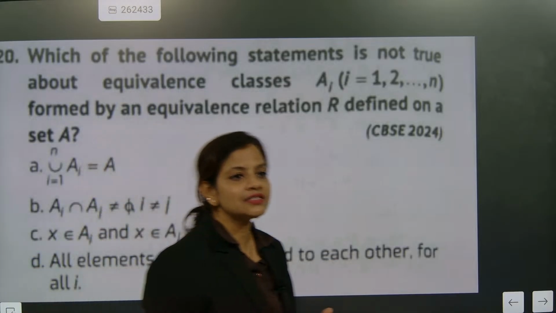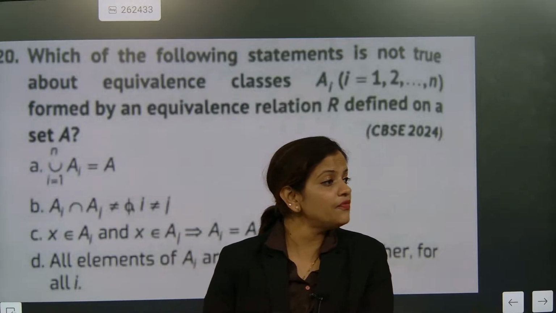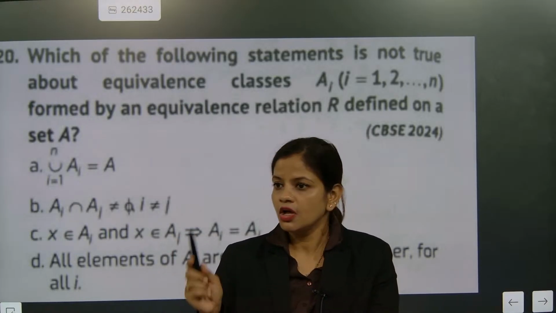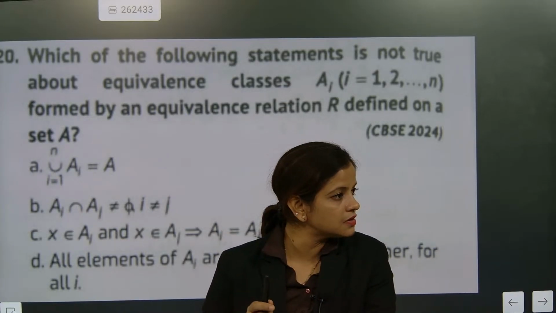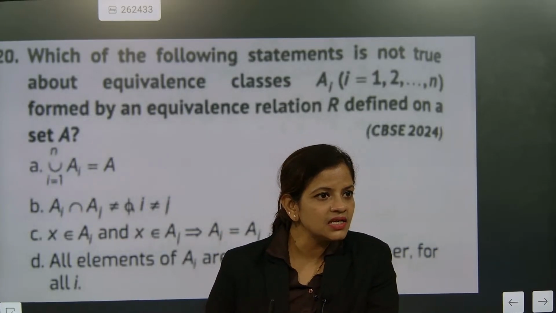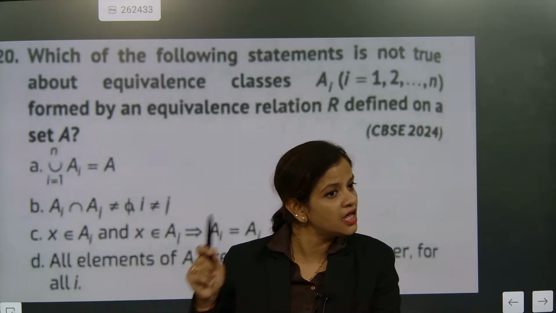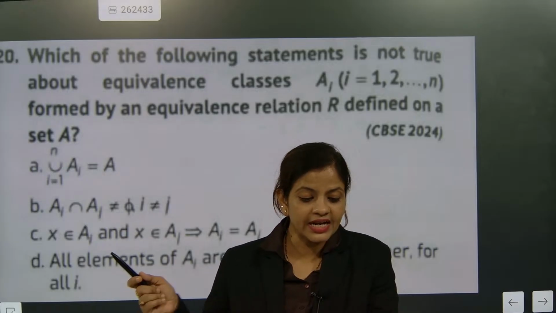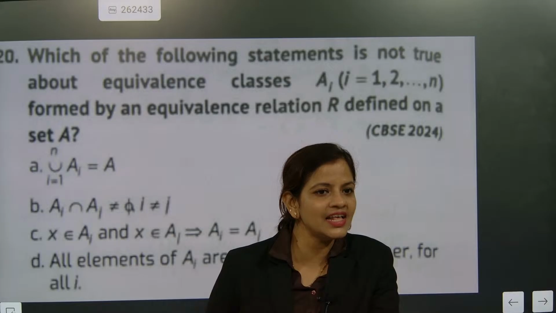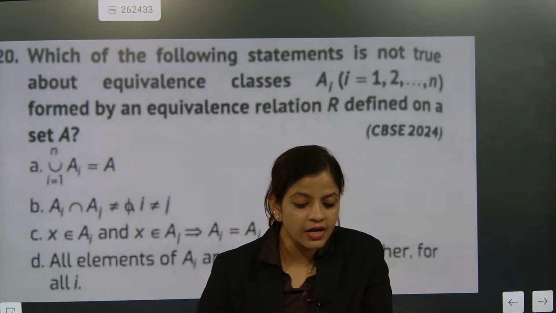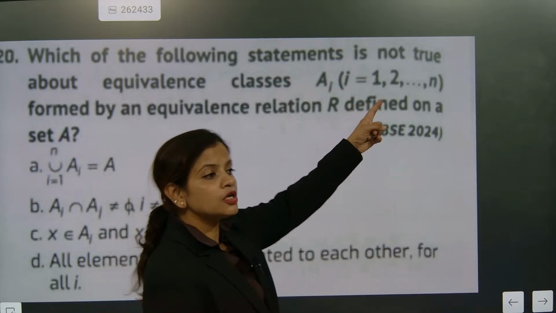When a relation is an equivalence relation, only then are we finding its equivalence class. Are you people ready to listen to me or not? So many times we have checked: first it follows equivalence relation and then we find equivalence class. Correct? So here they are not asking for the correct answer, they are asking which of them is not true.